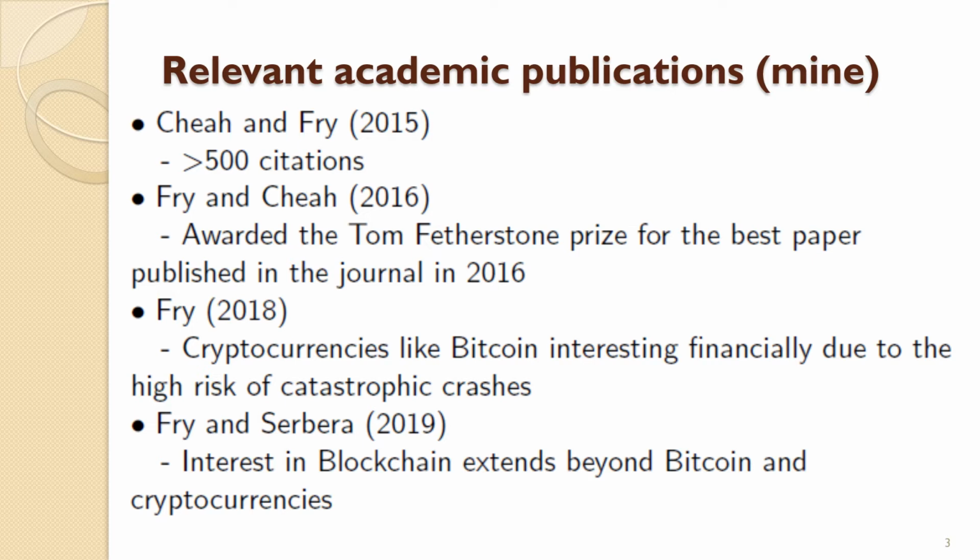Then I had a paper listed there, but formally published last year, an early paper just showing that interest in blockchain extends beyond Bitcoin and cryptocurrencies, and indeed you can think of Bitcoin and cryptocurrencies as just being the first major application of blockchain technology that everybody has heard of. Okay, blockchain potentially much more general than that.